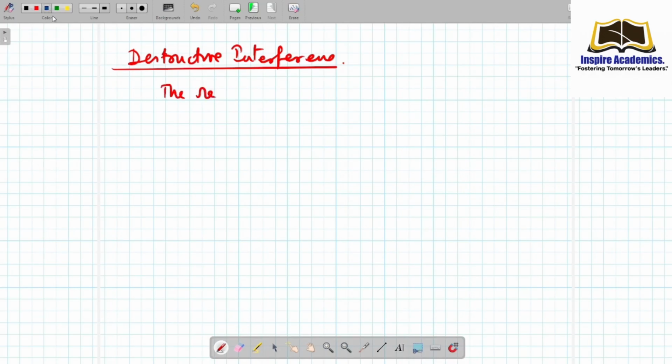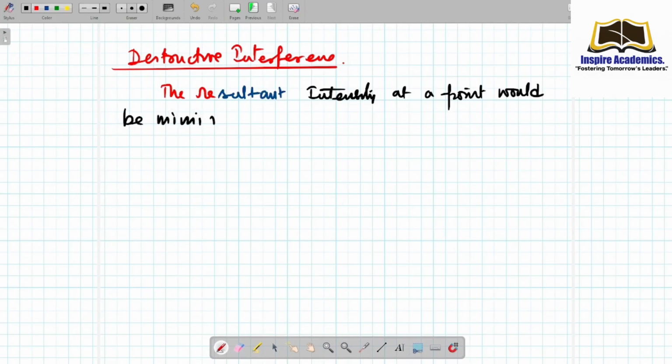The resultant intensity at a point would be minimum when the value of cos phi is -1.